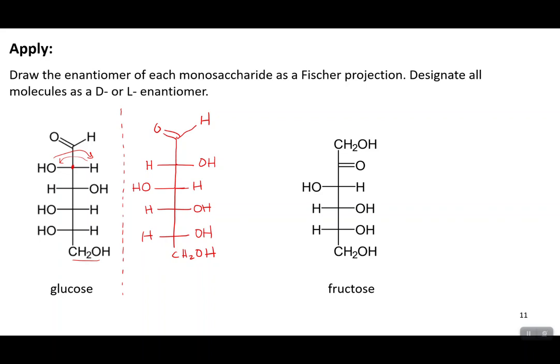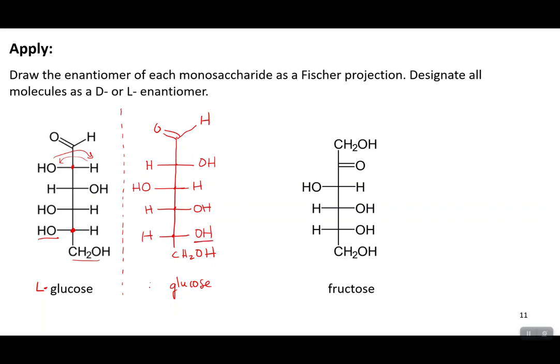So that means this is also going to be a glucose molecule. However, it's going to be either a D or an L. To determine that, you look at the very last chiral carbon and then determine if the OH is on the left-hand side or on the right-hand side. Here it's on the left-hand side, so this is going to be an L glucose. In this one, it's on the right-hand side, so it will be D glucose.